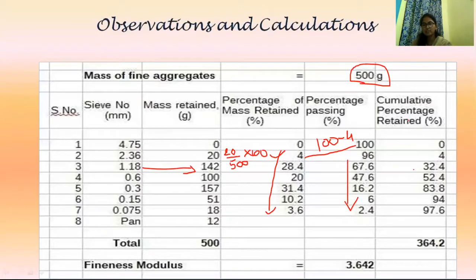Finally, cumulative percentage retained. We write this column as x, and then 100 minus x. That means 100 minus 100 is 0, 100 minus 96 is 4, and 100 minus 67.6 is 32.4.